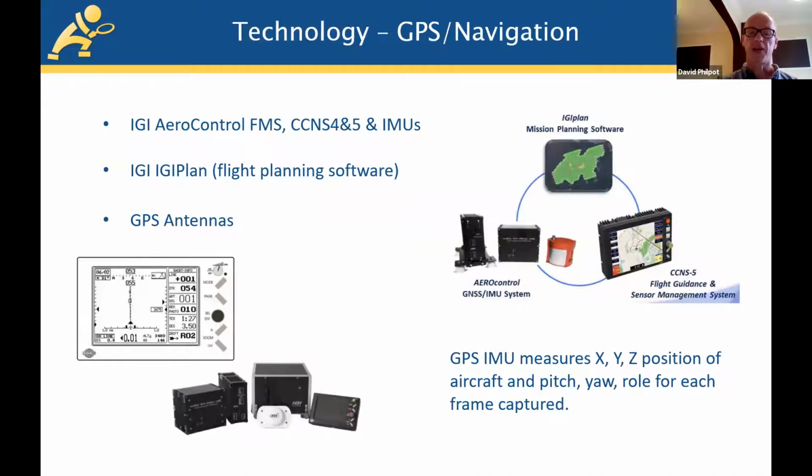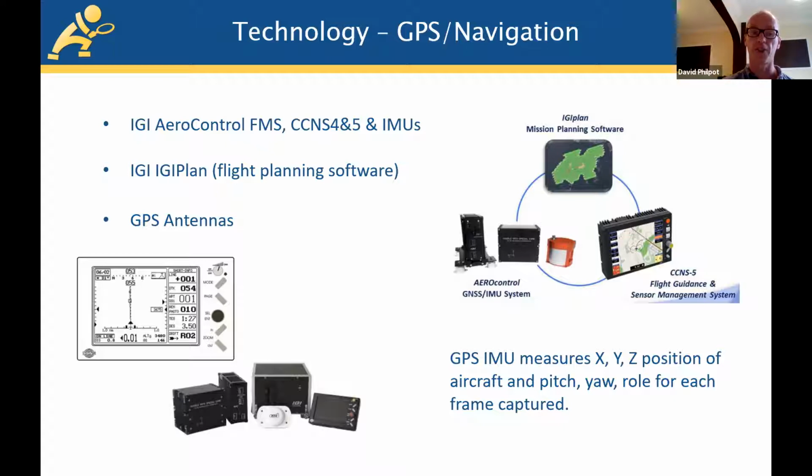So going back to the accuracy of the data, one of the most important things you need to know is where every photograph is taken. You need to have a precise location of the aircraft in the sky at that point. And what we do for this is we've got some very sophisticated GPS and navigation equipment. It's in 2 parts.